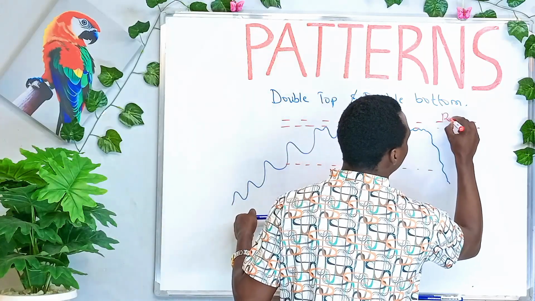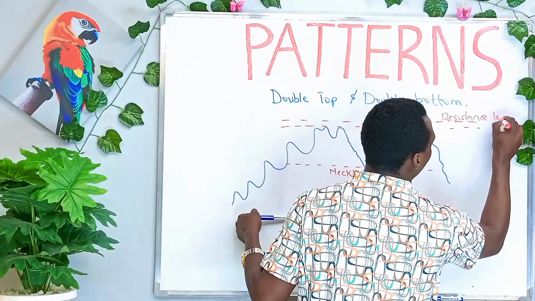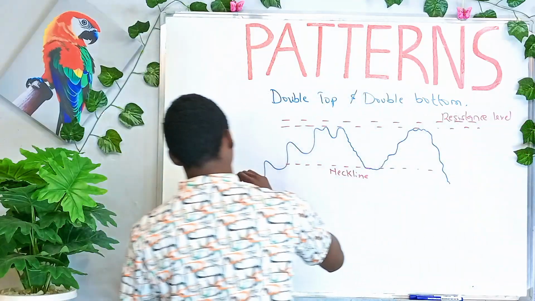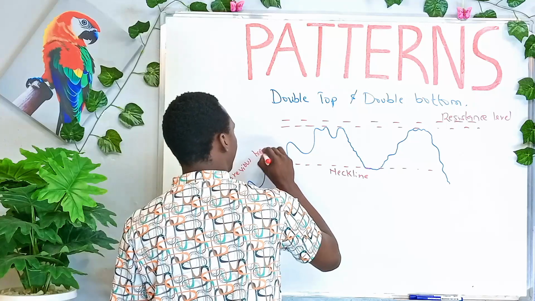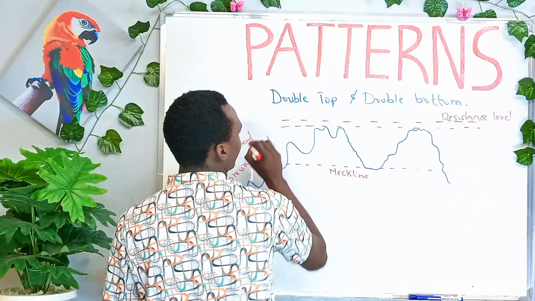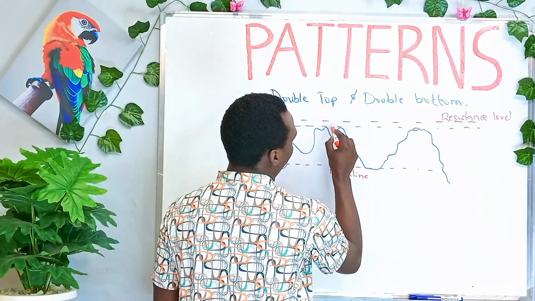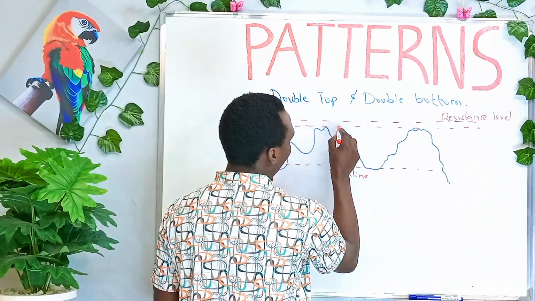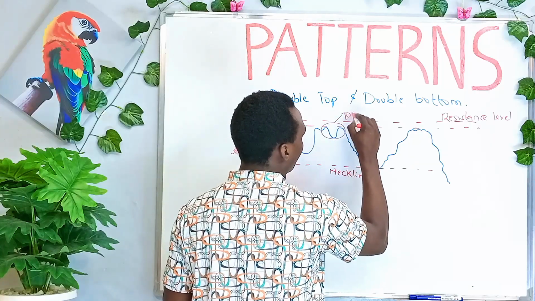This one is a resistance level. Okay, this was the previous trend. It was an uptrend. Okay, if the price reaches this resistance level and it is rejected, this is the first top.